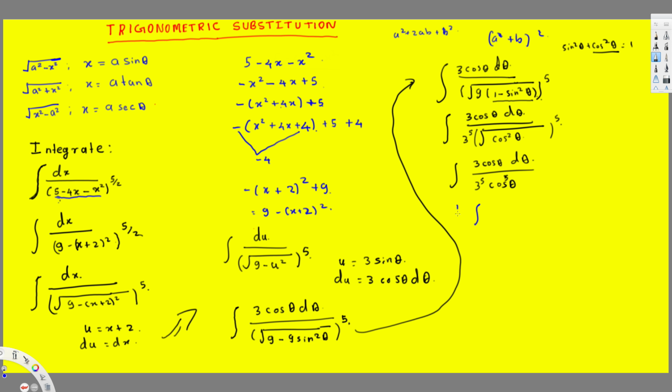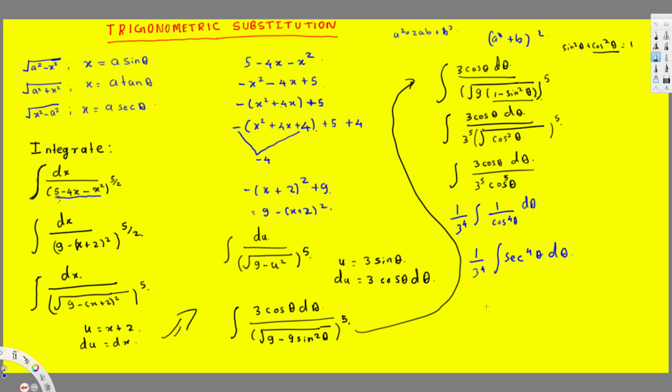So I can bring the 1 over 3 power 4, I cancel one of these 3, and we are left with cos power 4 theta d theta on the bottom. 1 over cos power 4 theta d theta; 1 over cos theta is sec theta, right? So I can bring it on top as sec theta. So 1 over 3 power 4 integral of sec power 4 theta d theta.